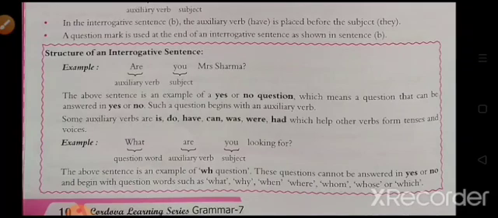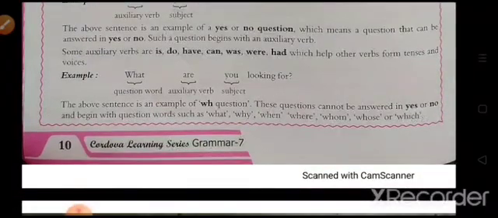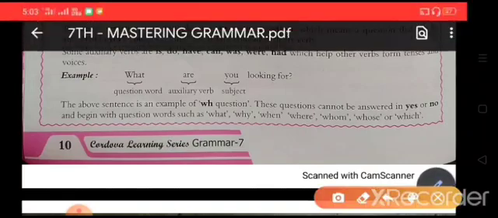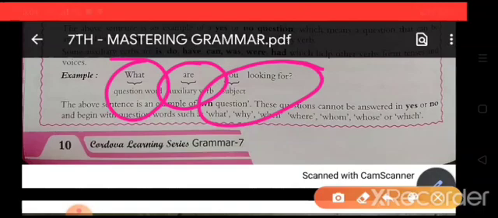Some auxiliary verbs are is, do, have, can, was, were, had, which help the other words form sentences. For example, what are you looking for? The question word is what, the auxiliary verb is are, and the subject is you, looking for.